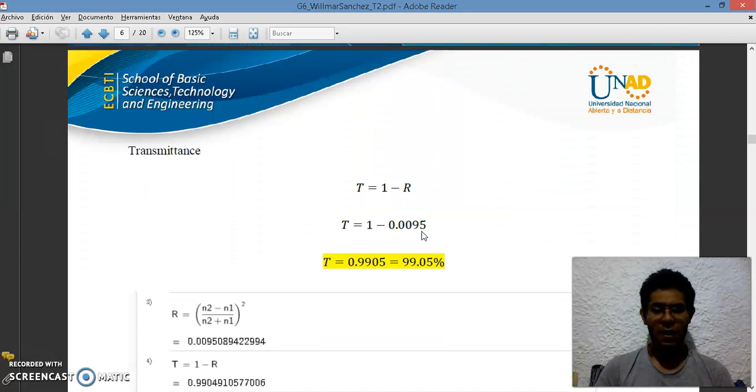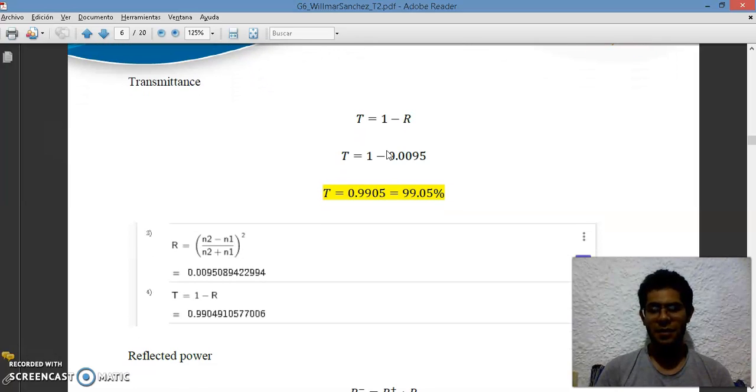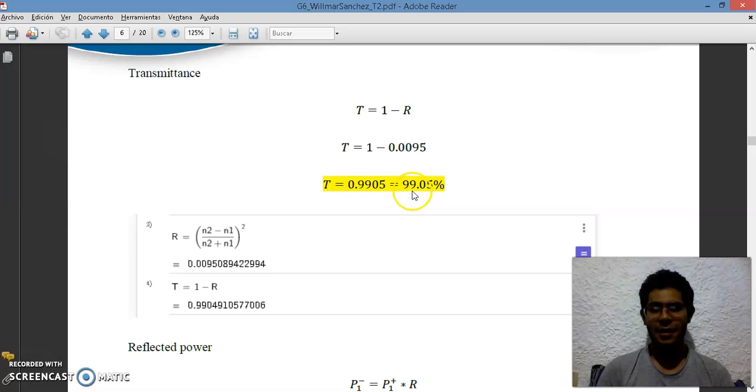Now I find the transmittance. The transmittance coefficient is equal to 1 minus the reflectance coefficient. Replace it and find that it is equal to 99.05%.